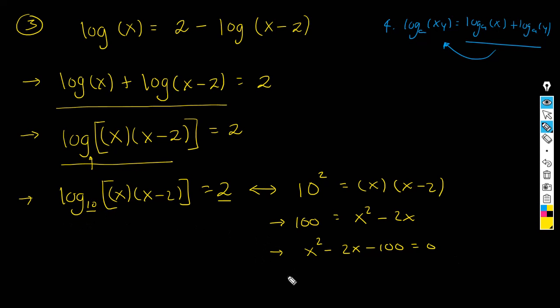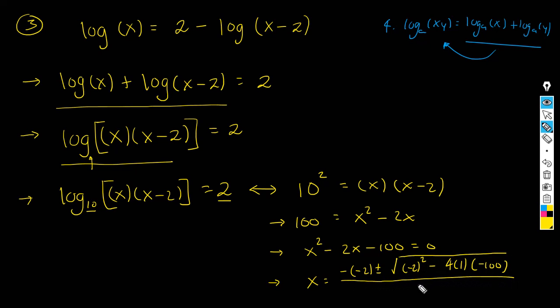And finally, this is solved by the general formula. Okay, this is going to be minus 2 plus minus the square root of 2 squared minus 4 times 1 times minus 100 over 2 times 1. That's it, okay? The rest is just arithmetic.